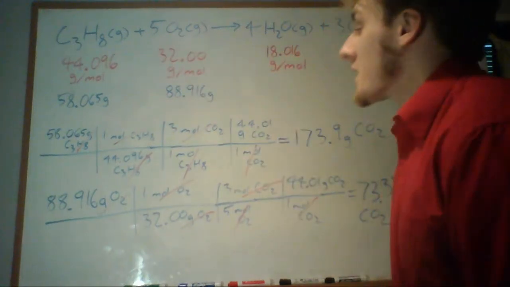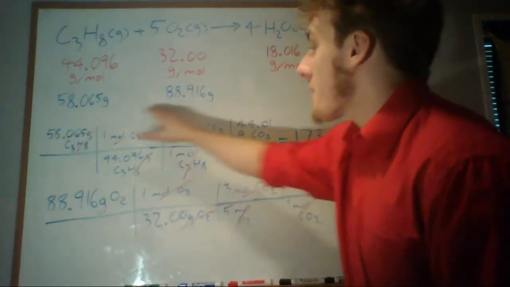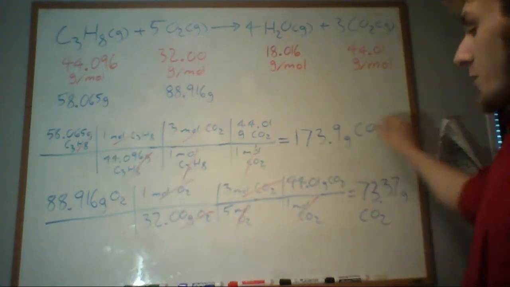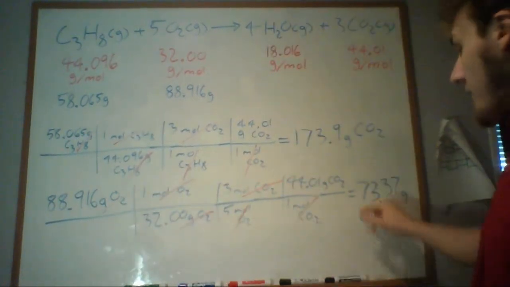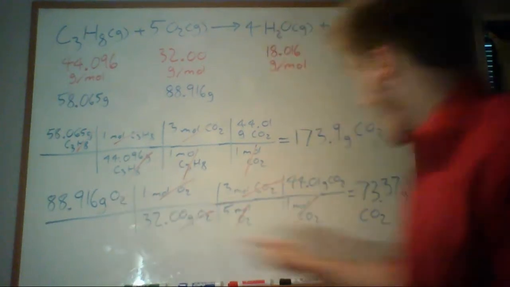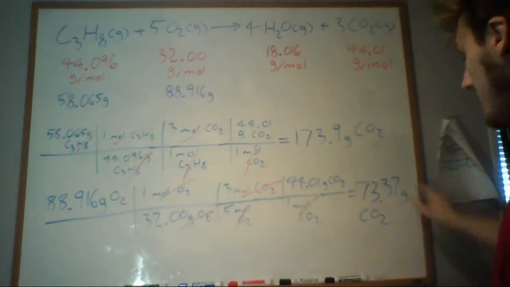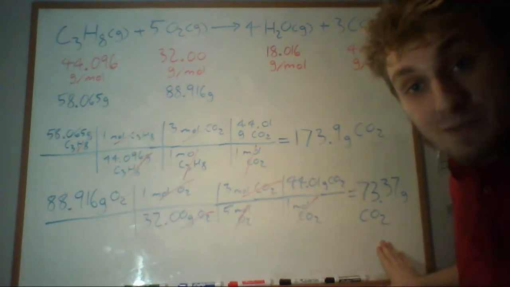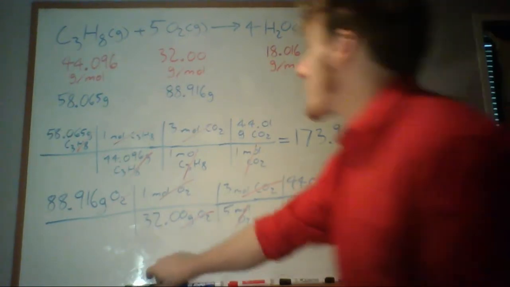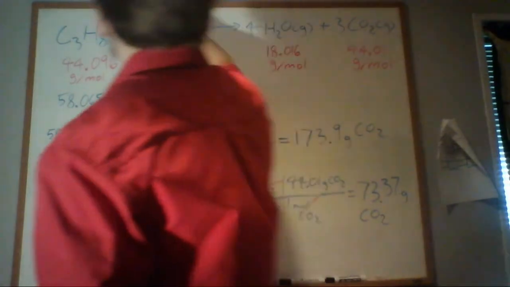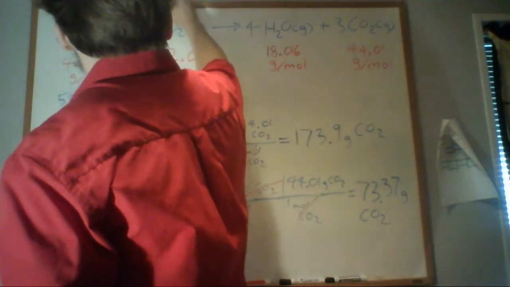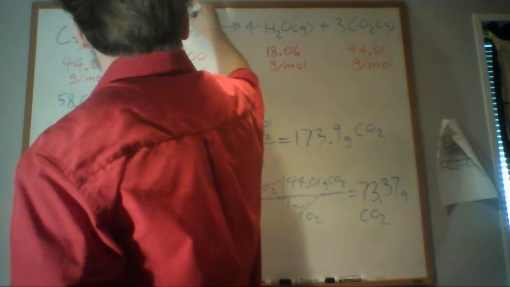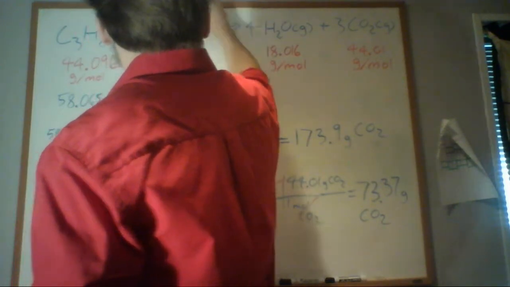Because we started out with our initial amounts of reagents, and we converted to how much product we could make for both of them, and we figured out that with oxygen, we can only make this much product. What this means is that oxygen is our limiting reagent. So I'm going to go ahead and write that up here above oxygen. Limiting reagent.